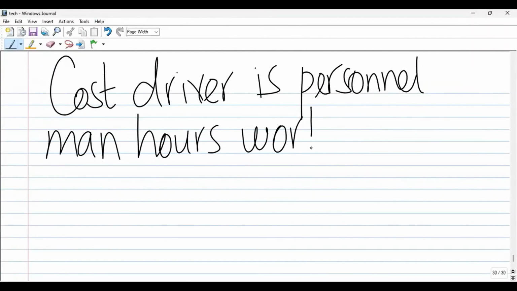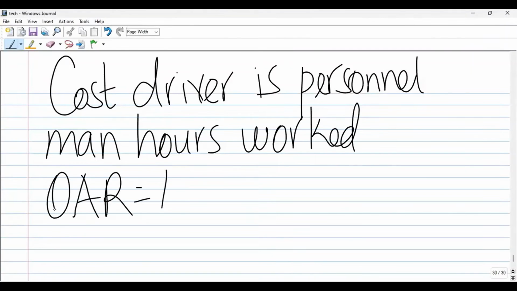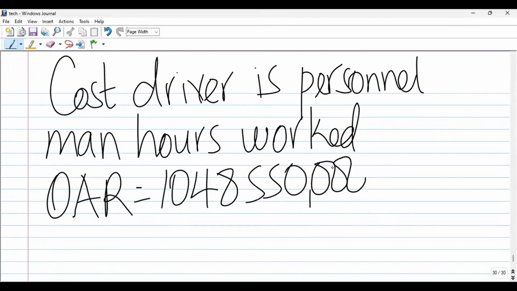We look for the OAR. When we look at this cost, they have given us 1,048,850,000. Divide by the total number of personnel hours worked.